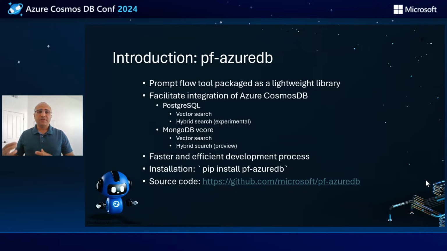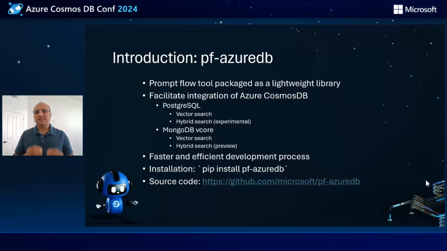However, in order to integrate these vector search capabilities with PromptFlow, you need to create Python nodes and write your own code and make sure that it is properly connected and you're doing the search in a correct way.